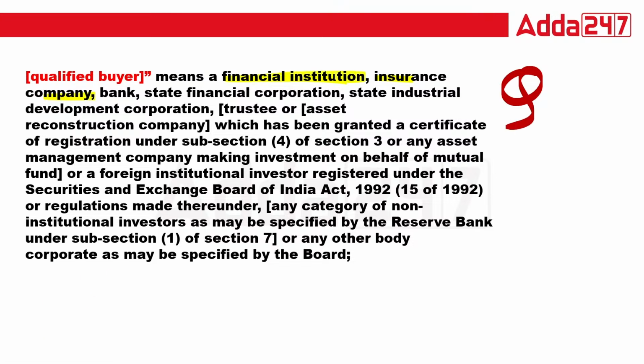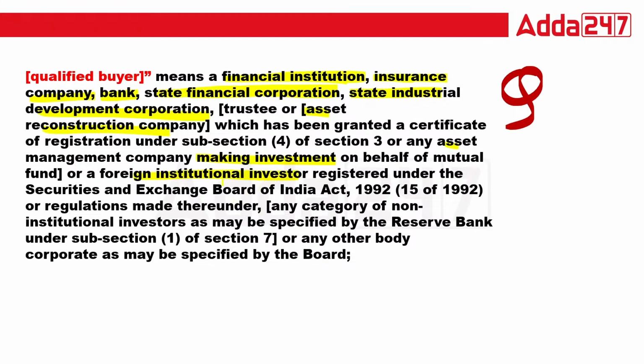Financial institution, insurance company, bank, state financial corporation, state industrial development corporation, an asset reconstruction company which has been granted a certificate of registration under Section 3, or any asset management company making investment on behalf of a mutual fund or foreign institutional investor registered under SEBI.